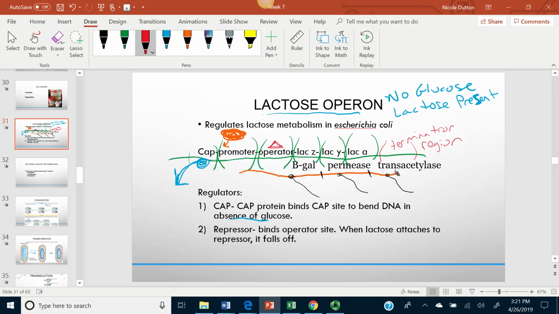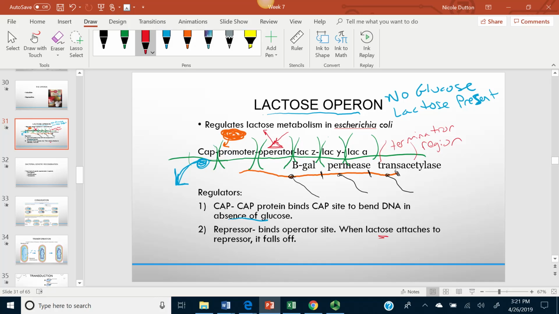And this repressor molecule only falls off if lactose attaches to it. And it's not actually lactose, it's allolactose, which is a derivative of lactose. But anyways, if lactose is present, lactose, or a derivative, can bind to this, and then this falls off. So it's no longer blocking the access to transcription of the genes.